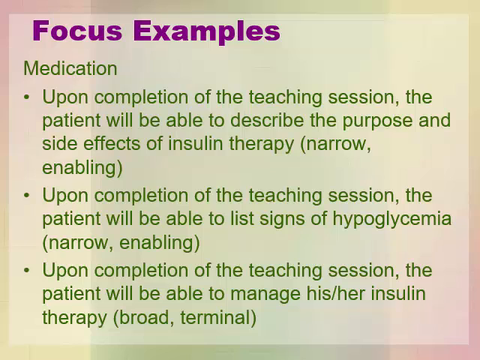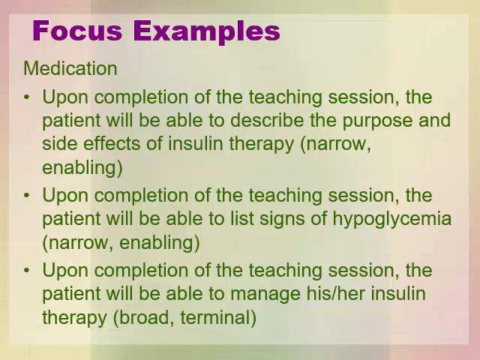Now if we go back up to the top of this slide, the next one is upon completion of the teaching session, the patient will be able to describe the purpose and side effects of insulin therapy. Again, you can see that this is a narrow objective. It's enabling because we're only asking them to describe the purpose and the side effects of insulin therapy.